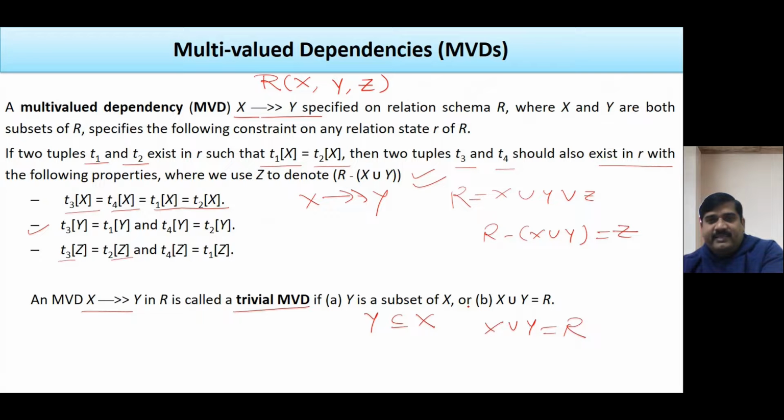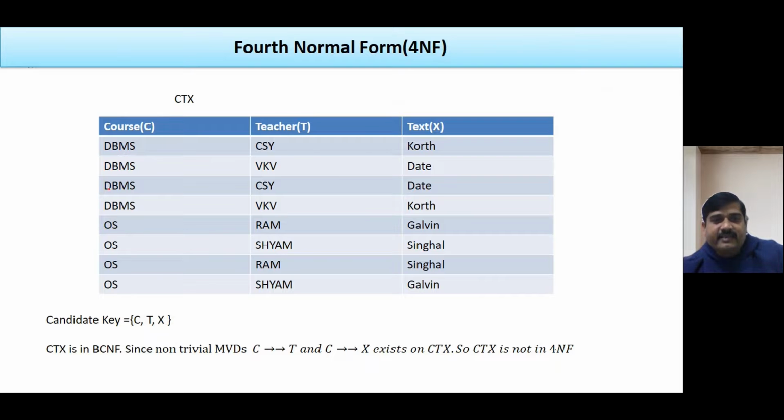I hope you all understood the meaning of trivial MVD and non-trivial MVDs. Now, in the next slide, see here, there is a relation CTX. In this relation, there are three attributes: course, teacher, and text. One course is handled by multiple teachers and one teacher follows multiple textbooks. So suppose these are the various records in this table. Okay. Now see here, there are four tuples T1, T2, T3 and T4.